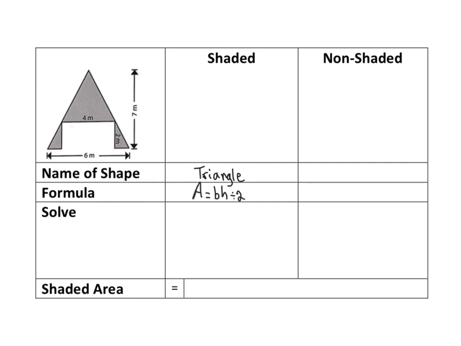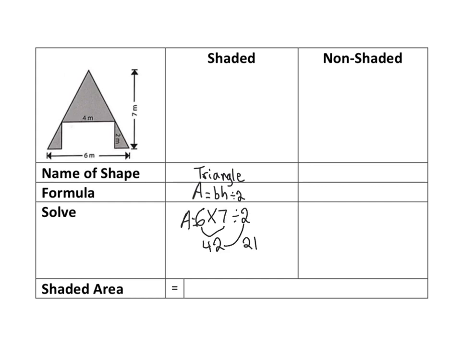Looking at this triangle, I see the height is 7 and the base is 6. So I can do base, which was 6, times the height of 7 divided by 2. 6 times 7 is 42. 42 divided by 2 is 21.